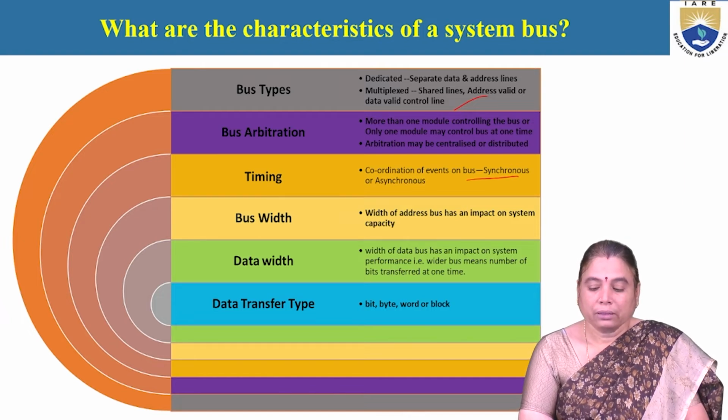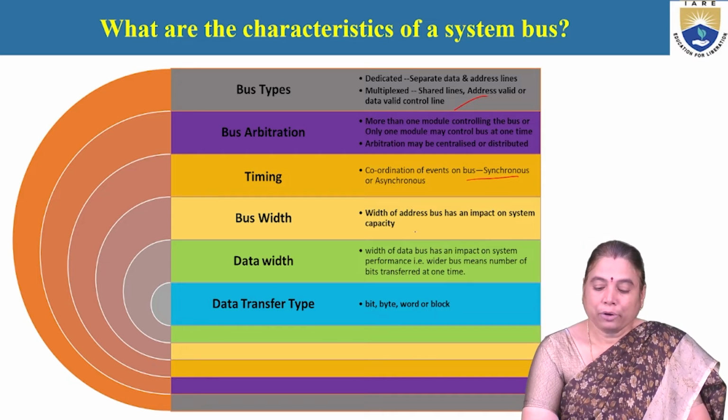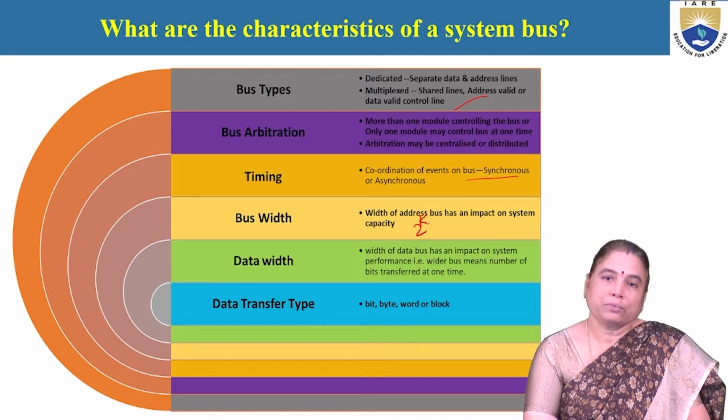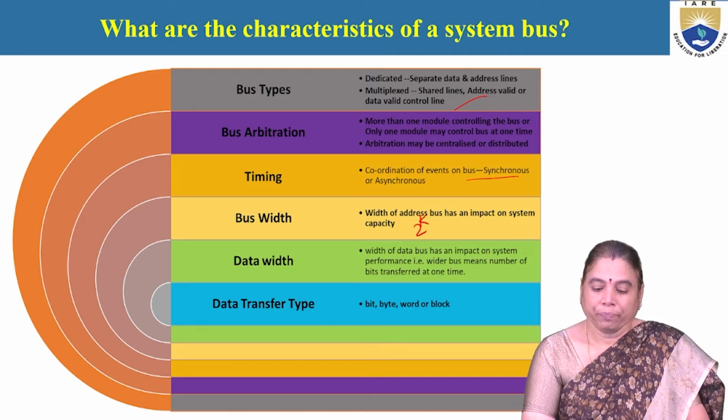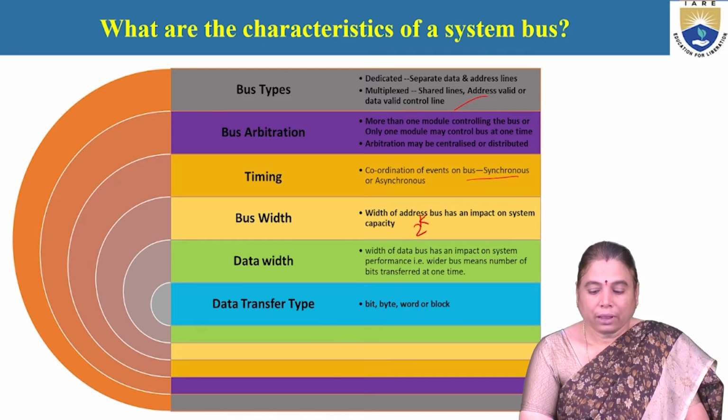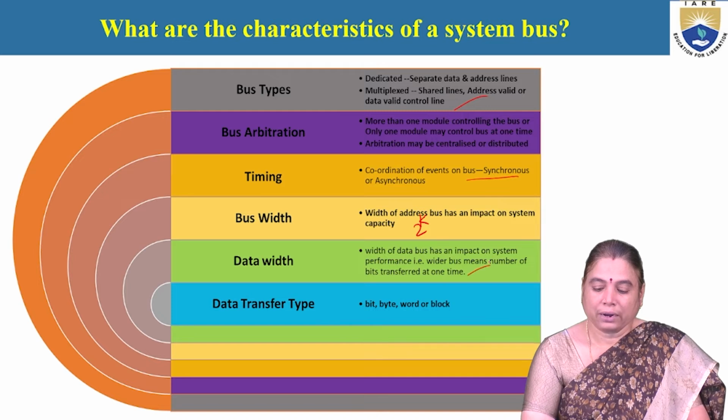Bus width. The width of the address bus has an impact on the system capacity. So, if there are k address lines, then 2 power k is the address space of the memory. Data width. The width of the data bus has an impact on the system performance. A wider bus means more bits transmitted at one time.